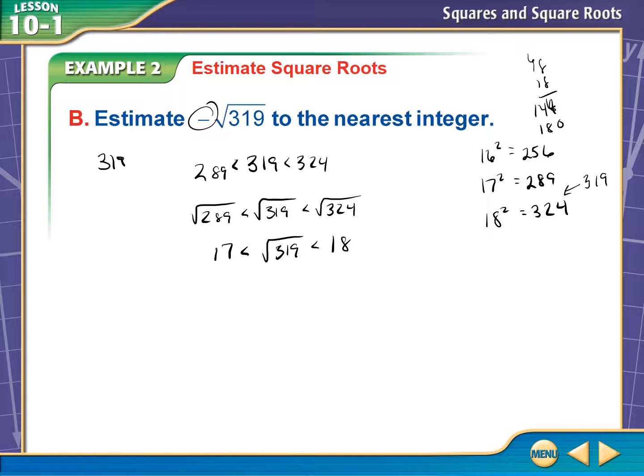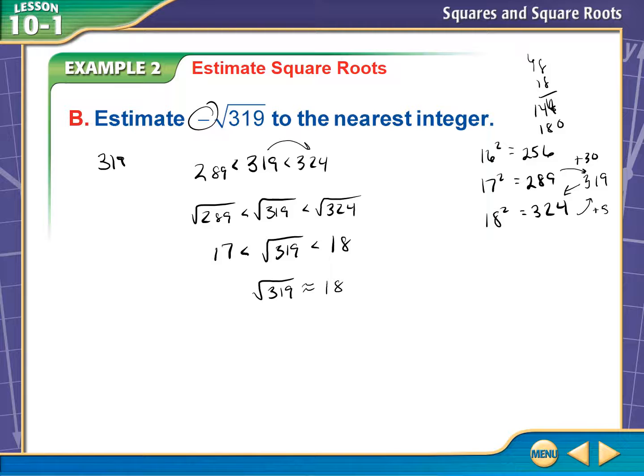So then it's just a matter of which one is it closer to. Well, 319 is 30 away from 289, and it's only 5 away from 324. So it's much closer to 324, which means the square root of 319 is closer to 18. So it's about 18 if we're looking at integers.